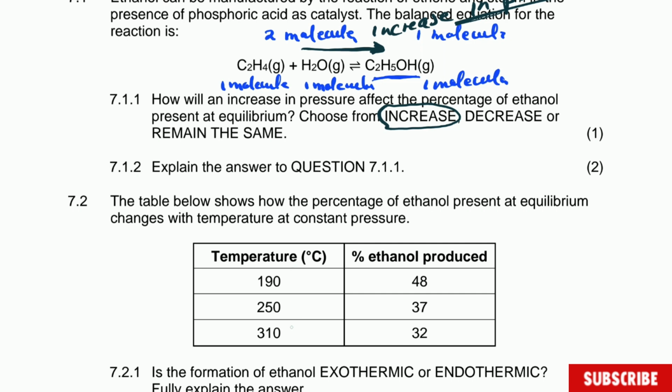When you increase temperature, the ethanol decreases. It means that when you increase temperature, the reverse reaction is favored, and therefore the forward reaction is going to be exothermic. If the reverse reaction is favored when you increase the temperature, it means the reverse is endothermic and the forward is exothermic.